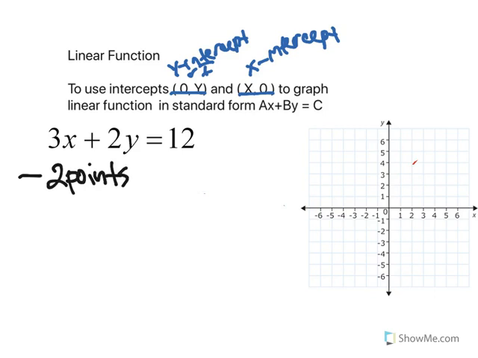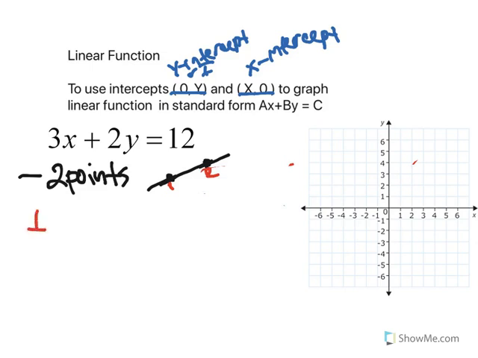You have to have 2 points to create a good line, because 3 will be 1 extra. 2 will do just fine. 1 though is not enough, because you can put a line like this, you can also put a line like this, and then you can put another line through this point like that. So 1 is not enough. You need to have 2 points.